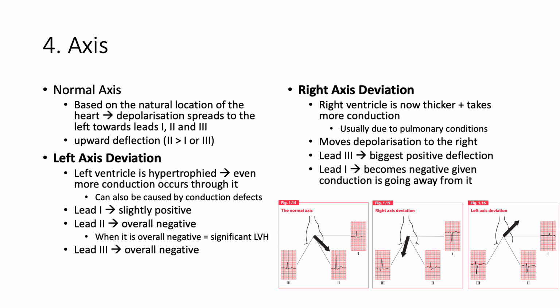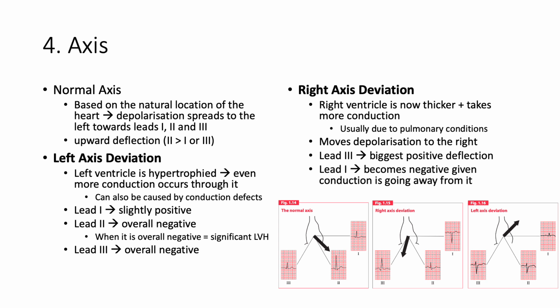And as we can see here, this is what the normal ECGs look like, and I suppose an axis is looking at the total of all of the depolarization, which I hope makes sense, just looking on mass, on net, where is the energy moving.